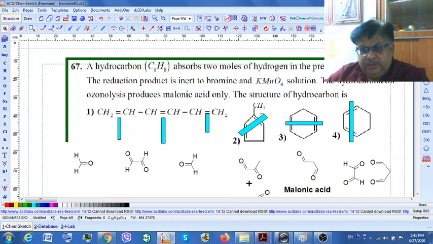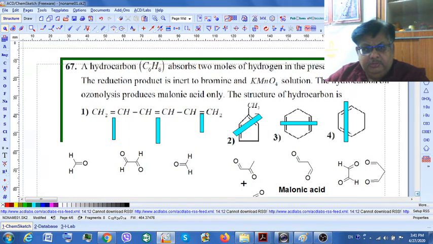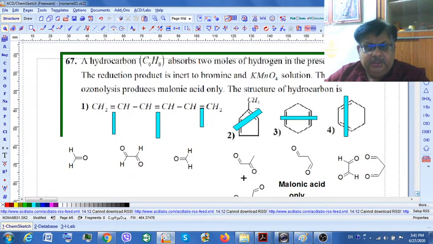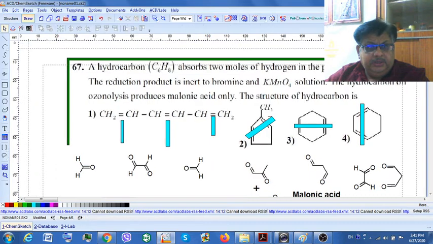Now, question number 67 is actually about ozonolysis of the compounds. There are various points given here. A student must note those points. For example, first point is, it absorbs 2 moles of hydrogen, as I am underlining with a line there.